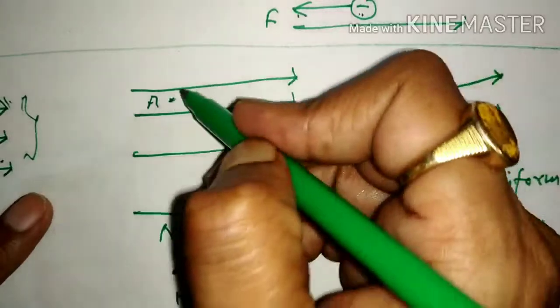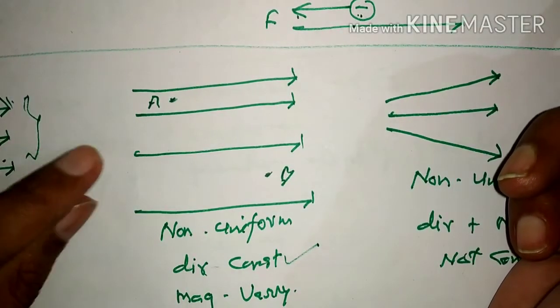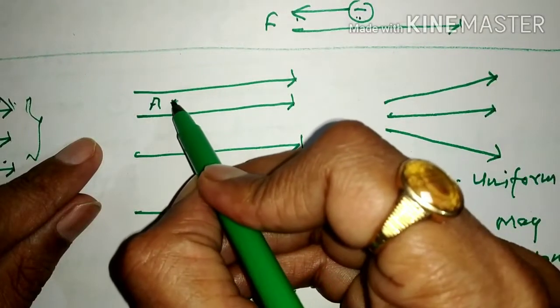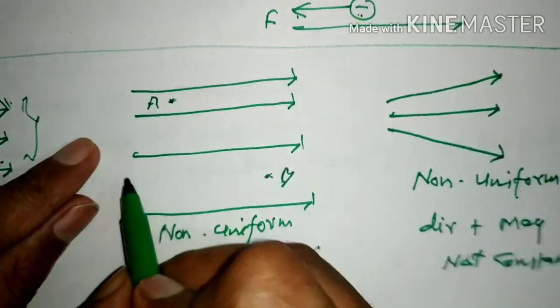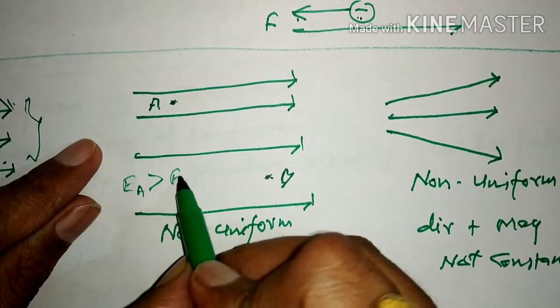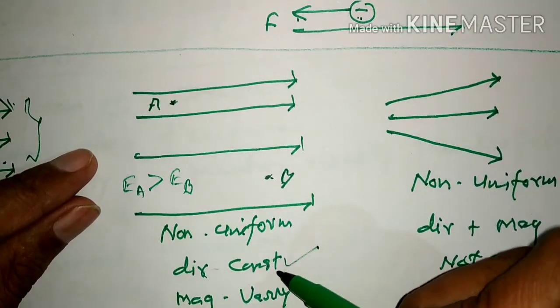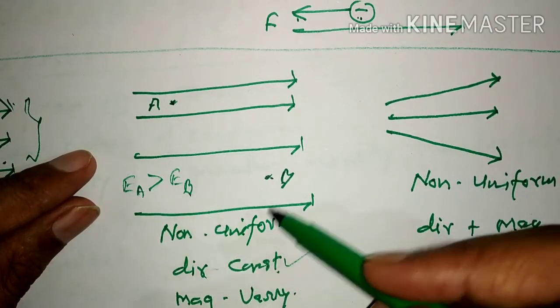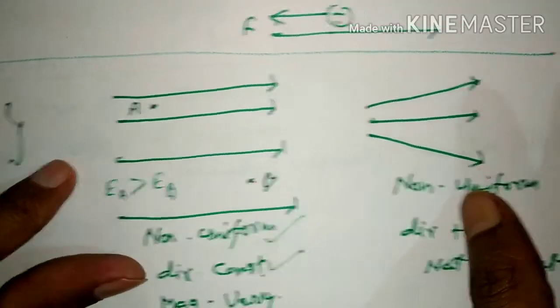As discussed earlier, the line density represents the strength of electric field at a point. So here at point A, the line density is more than that at point B. That is, electric field intensity at A is more than electric field intensity at B. Since direction is constant but the magnitude is not constant, this representation is a non-uniform field.